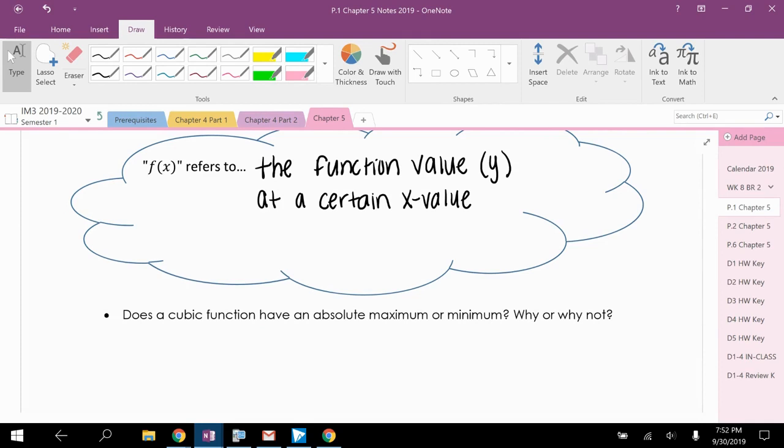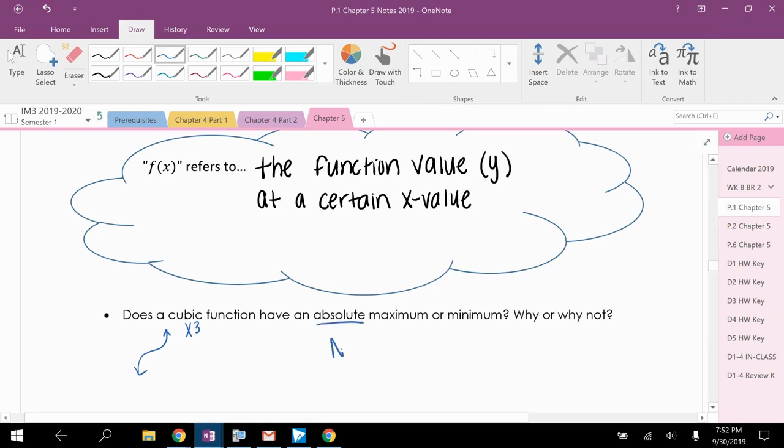So a cubic function, which is what we just did and what we did yesterday, kind of looks like this. That's what a cubic function is. Again, a cubic function is something like x to the third power. It will not have an absolute max or min.